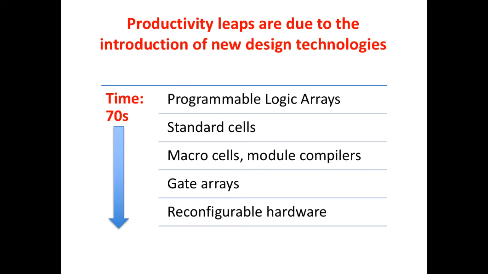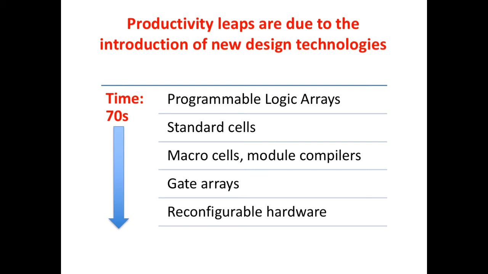And actually, the various technologies that we have observed are shown here. Let's say we start from an era in the 70s when the 4004 was designed, which was an era in which everything was done by hand. Every circuit was designed transistor by transistor, also in the case of digital circuits.